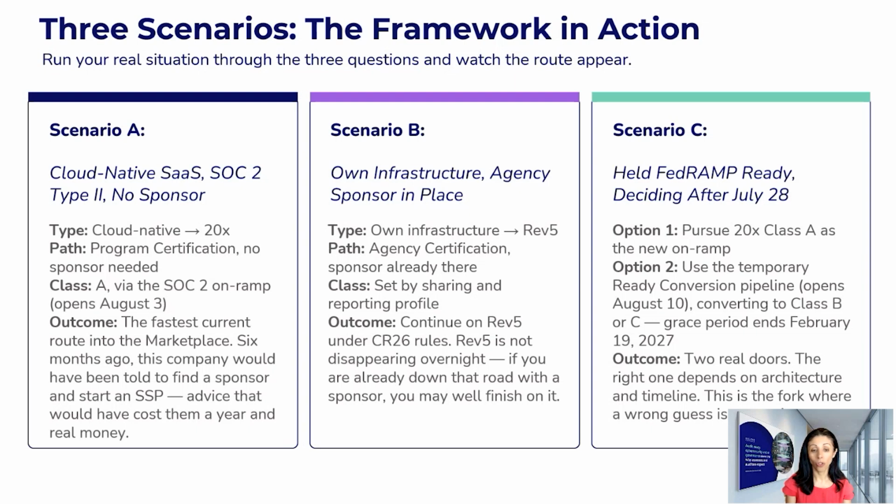Now, if you're on your infrastructure and you have an agency sponsorship, we talked about this. Obviously, the path is Rev5 at this time. And then scenario C, you hold FedRAMP Ready, and you decided after July 31st, you probably want to look, and you have a sponsor. So again, if you have a sponsor, then you may want to continue through the pipeline of Rev5 because you already have a sponsor.